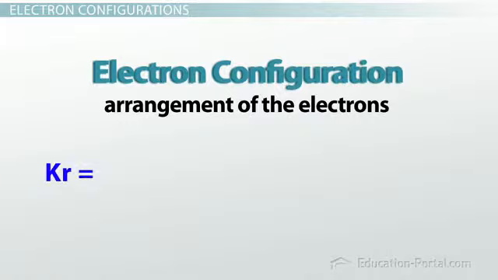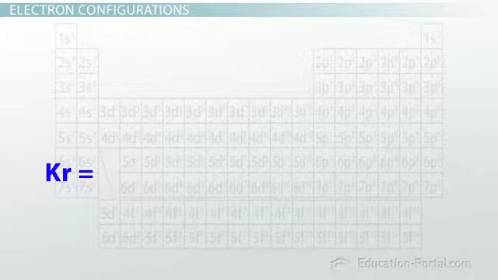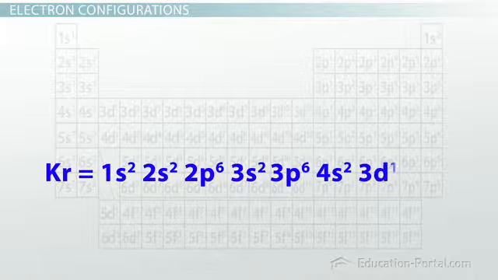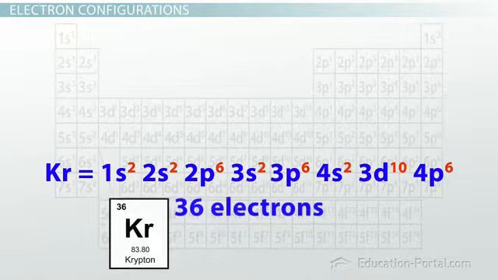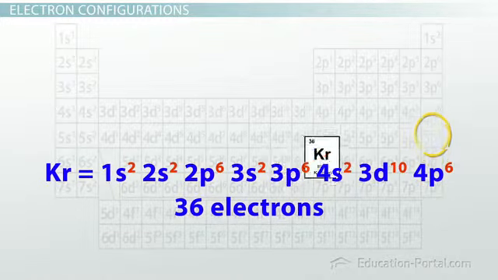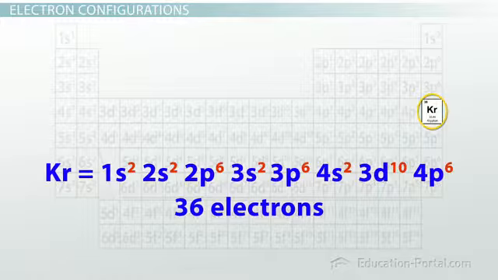So the electron configuration looks like this: 1s2, 2s2, 2p6, 3s2, 3p6, 4s2, 3d10, and 4p6. That little superscript represents the number of electrons in each number-letter combination. Also, notice how we ended with the same notation as the one listed in the same square as krypton.